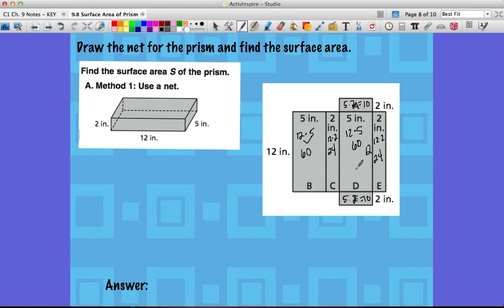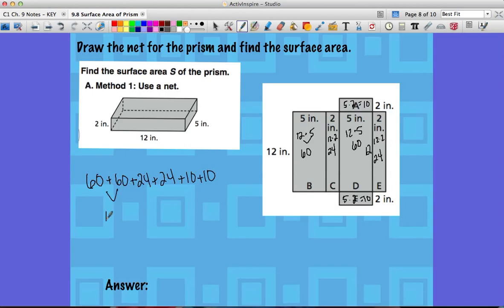When we're working with prisms, especially rectangular prisms, you know that there's always going to be a match. So right here, side C has E as a match. B and D are matches, and A and F are matches. So now in this case, you have 60 plus 60 plus 24 plus 24 plus 10 plus 10.